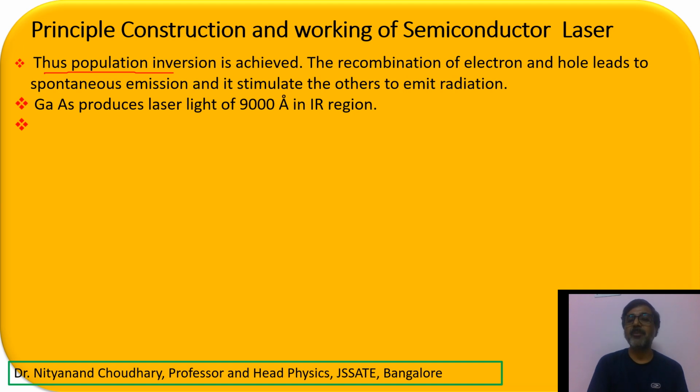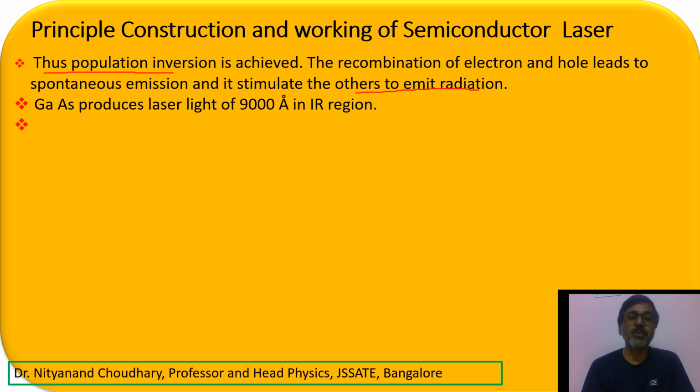The recombination of the electrons and the holes leads to spontaneous emission and stimulates the others to emit radiation. All right. So since a large number of electrons and holes are available, a spontaneously emitted photon is going to do the stimulation, and to and fro it will start happening, and all of your electrons and holes are going to be stimulated.